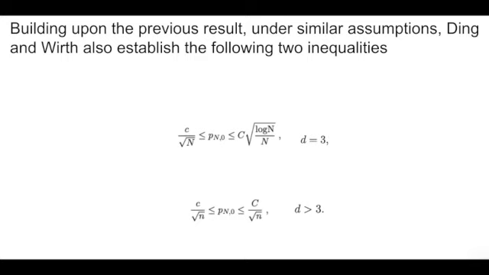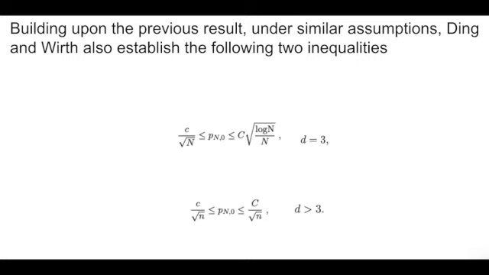And this is for d equal to 3. Instead, within the same context and choice of parameters, for d greater than 3, we have that P_n of 0 is bounded above by big C over the square root of n and below by c over the square root of n.